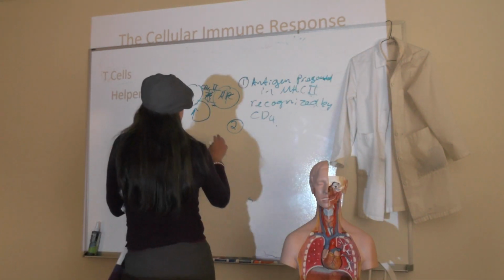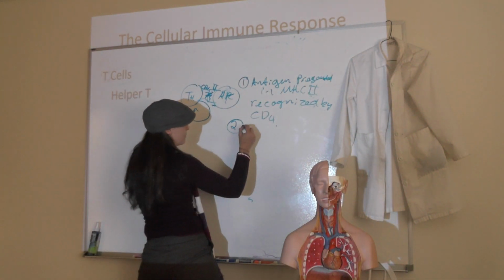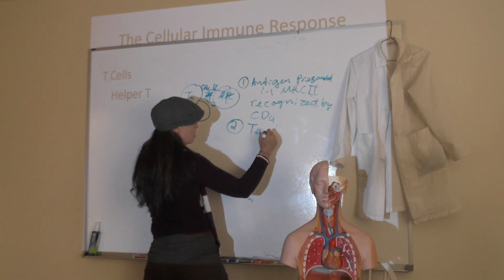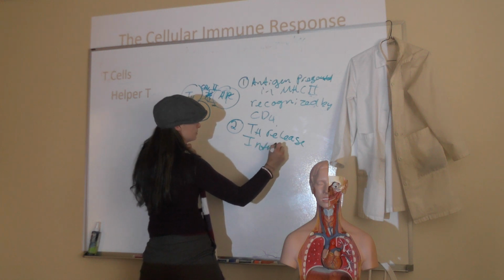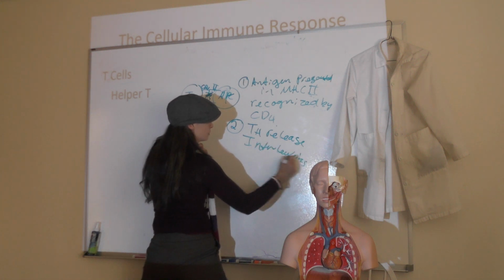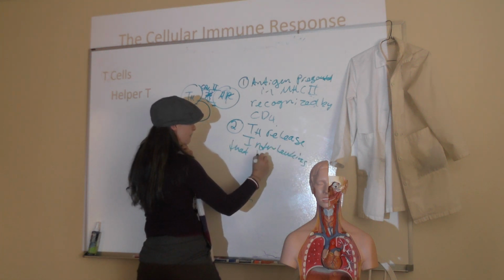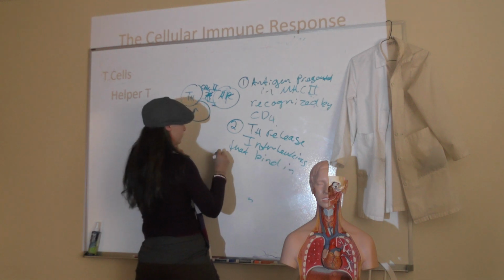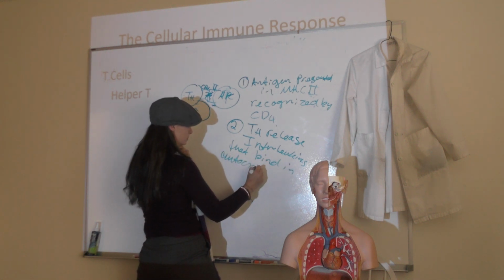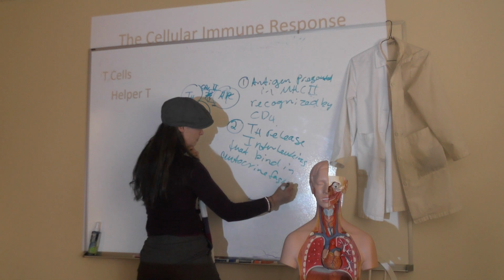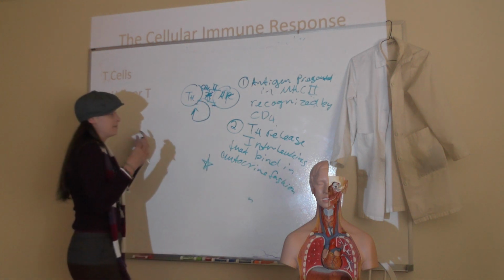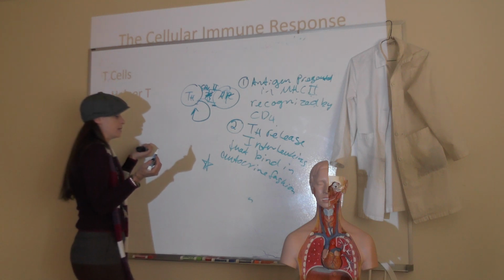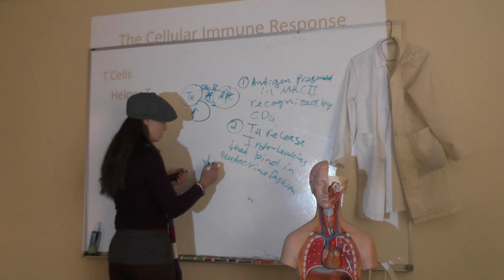And so what happens for our second activation step is that the T helper cell releases interleukins that bind in an autocrine fashion, and this is our second activation step and now I'm activated. To do what? Form a clone.